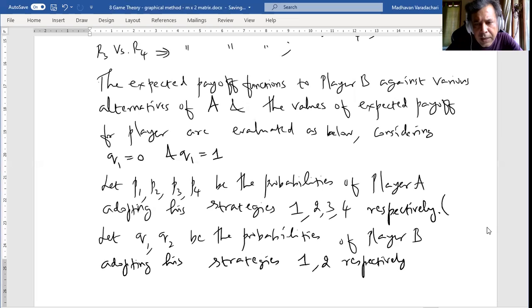So it is very clear that if I add all these probabilities, it should lead to 1 because these are the available strategies for player A. So that sum should be 1. Similarly, here also Q1 plus Q2 should be equal to 1.